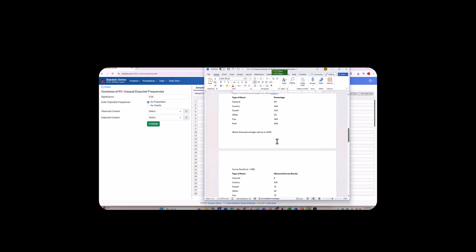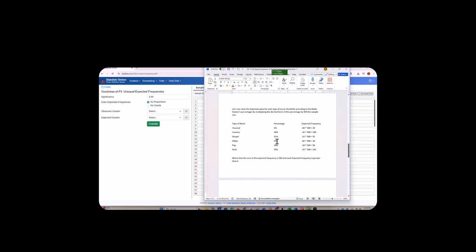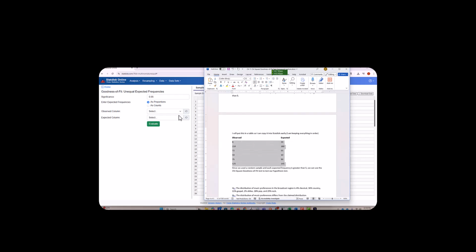The observed column is column 1, and expected is column 10.